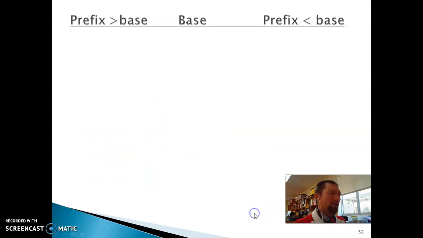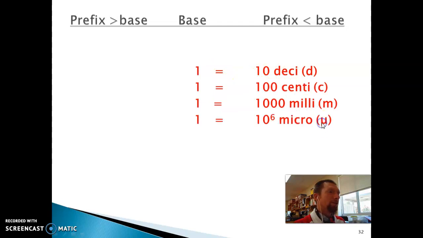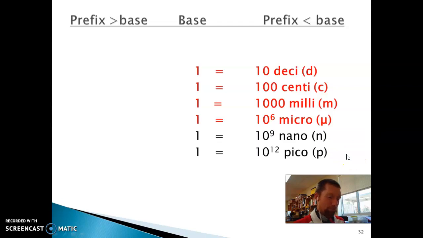So, there you go. All right, the ones that are smaller than the base unit. So we have deci, centi, milli, micro, nano, pico. Oh, too far. So what this means is that if you have a meter, that's equal to 100 centimeters.